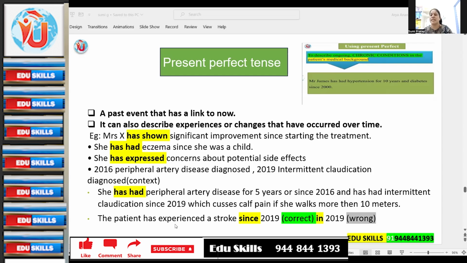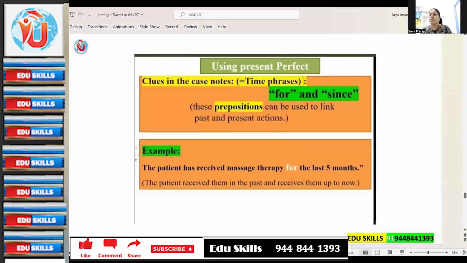But we cannot write "in 2019" when we are writing this as "has experienced". We cannot use it in the present perfect tense. Next, we can see where to use clues in the case notes, the same time phrases "for" and "since". The patient has received massage therapy for the last 5 months.